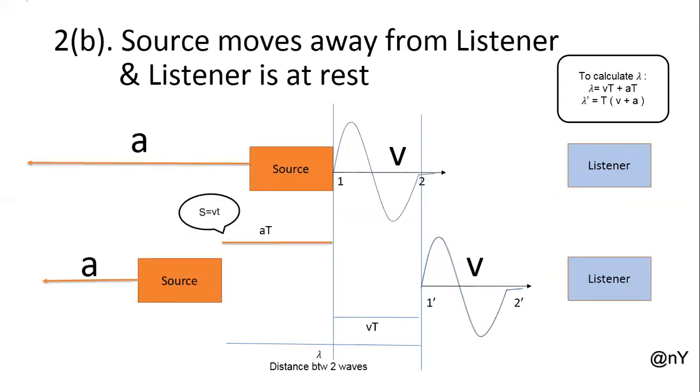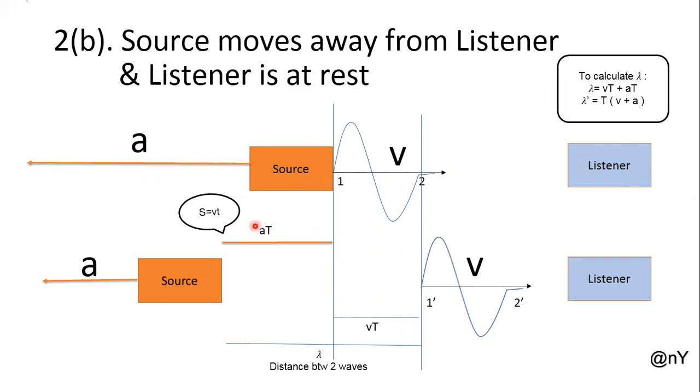Case number 2, part B. When the source moves away from the listener and the listener is at rest. If we take the source to be producing sound waves from the back of that source, because we are discussing the listener and we want to discuss only those sound waves which are traveling towards the listener. So, if from point 1 it travels through some distance AT to another point, after some time capital T, the sound waves also move.